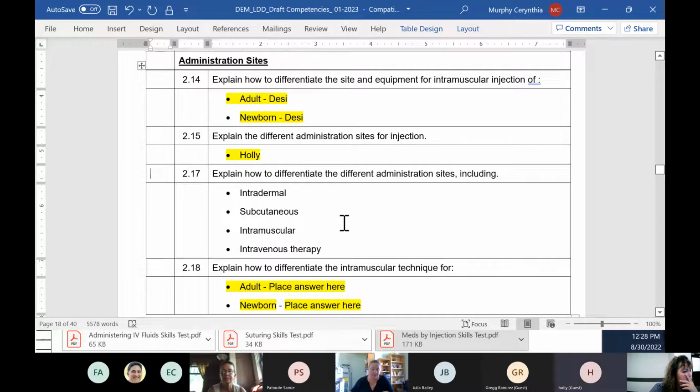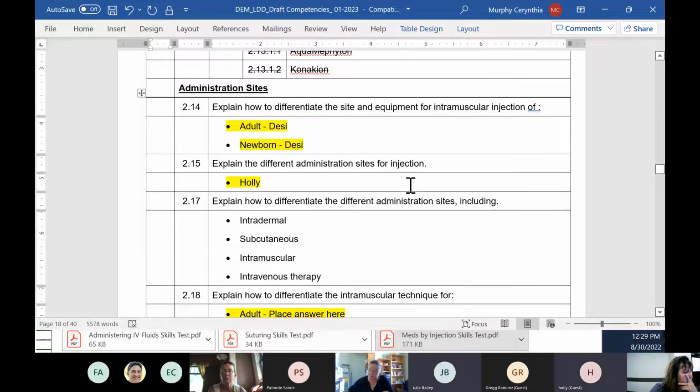2.17? No, these are not sites. These are not even modes of administration. They're types. Well, all 4 of them are ways of injecting medication into the body, which we call parenteral, if I'm remembering correctly.